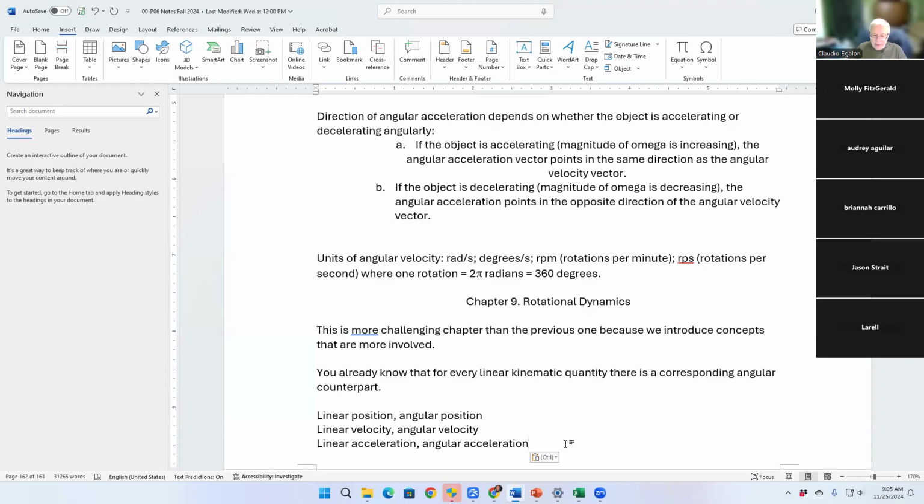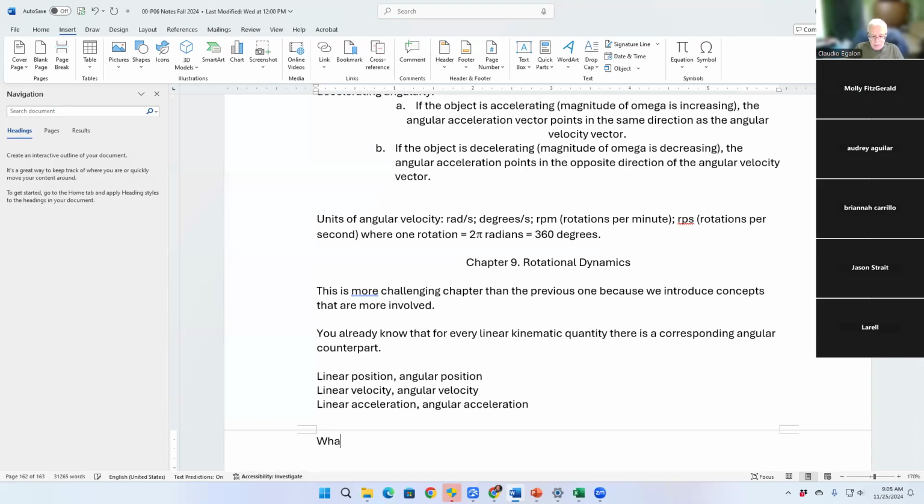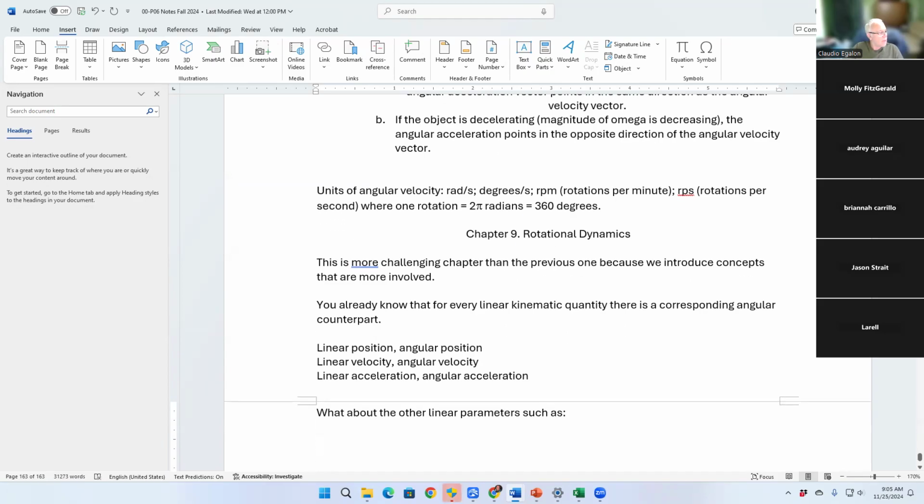And now you have to think in terms of the other linear parameters. What about the other linear parameters, such as the linear force?